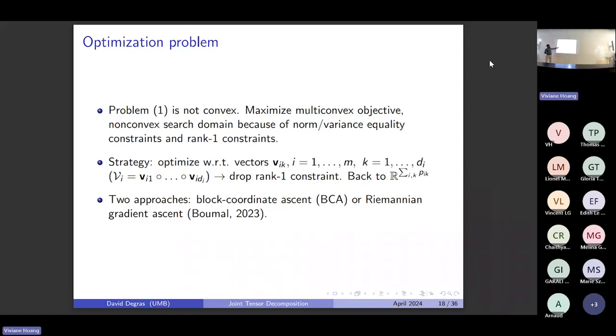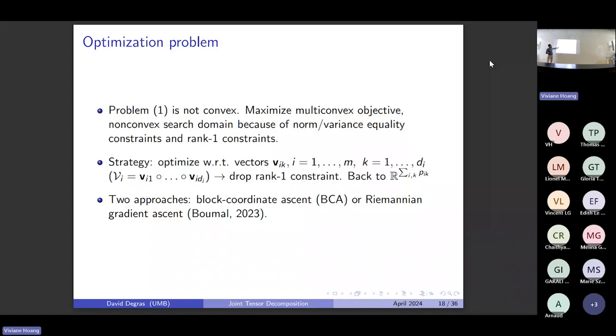So rather than working with this, I'm working with the representatives here, the vector representatives. And so we've been looking at 2 different approaches. One, which is called block coordinate descent, in which you will update those vectors one at a time.